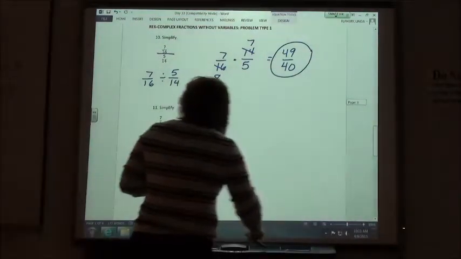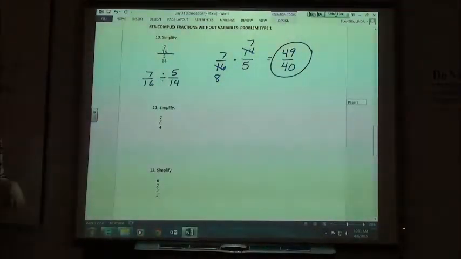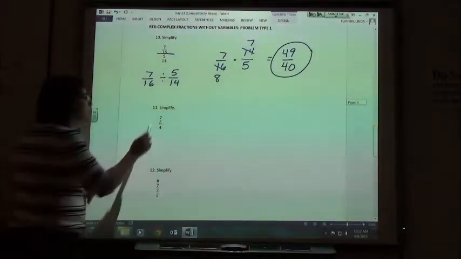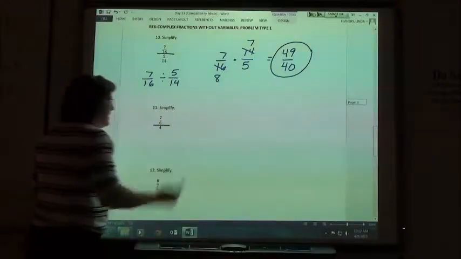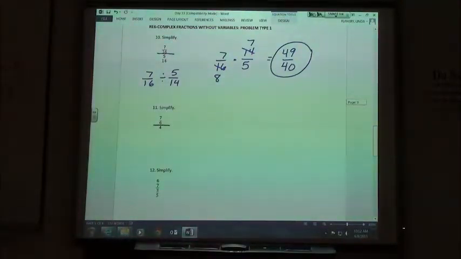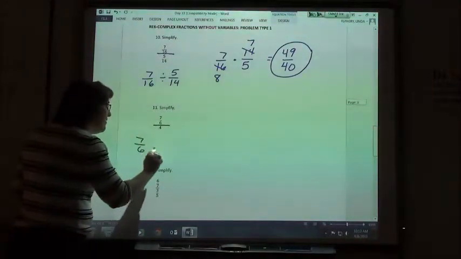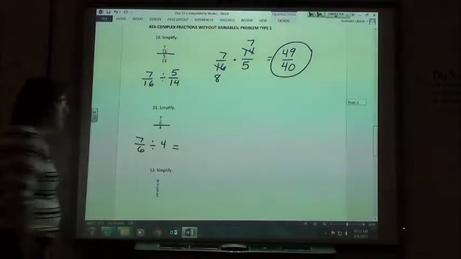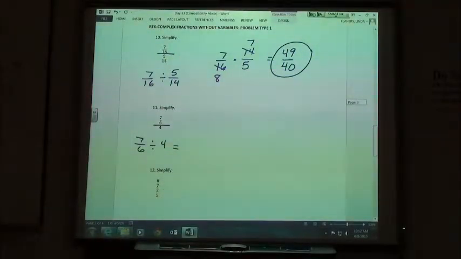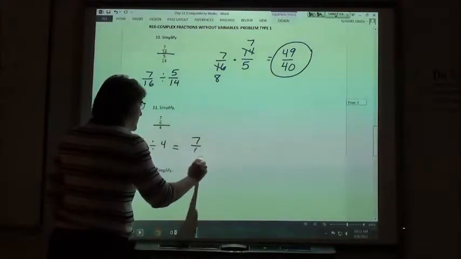So, on the next one, it's a little hard to tell where the actual bigger line is supposed to be, because when she typed them in, the line didn't get very big. But I believe this was supposed to be 7/6 over 4. So, if this was 7/6 divided by 4, how do I rewrite my problem? 7/6 divided by 4 over 1.